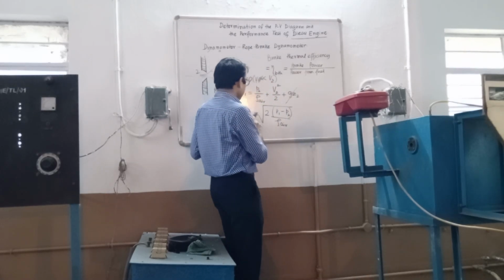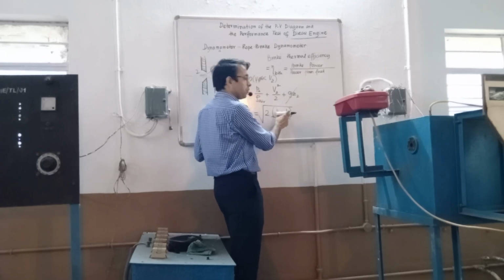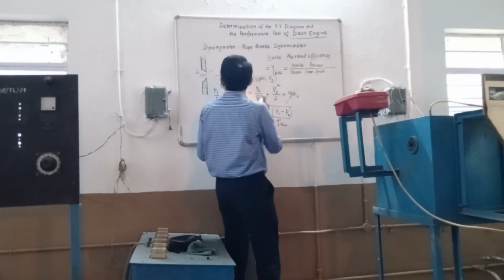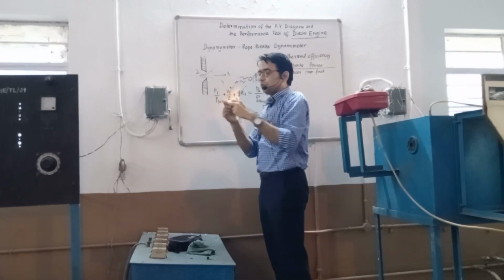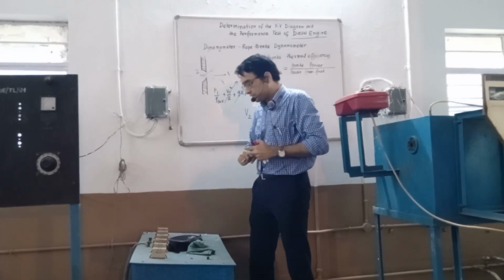Therefore, if I want to calculate V2, I need to know P1 minus P2. So this orifice meter is connected to a manometer.